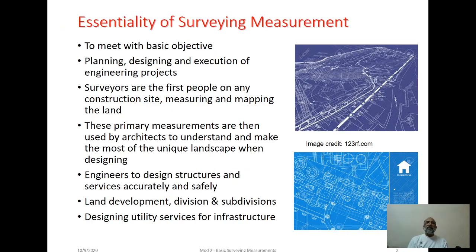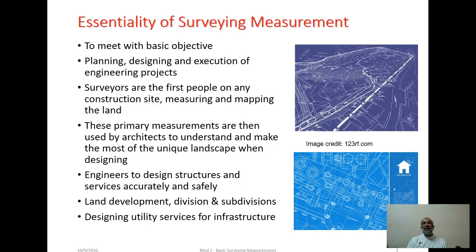So the essentiality of the surveying measurement goes with the basic objective of surveying. As you know, the basic objective of surveying is to prepare some kind of a drawing. It could be a plan, it could be a sketch, it could be a map. Hence, it is required in order to plan, design as well as to execute various engineering projects. Surveyors are the first people on any construction site to measure and to map the land.